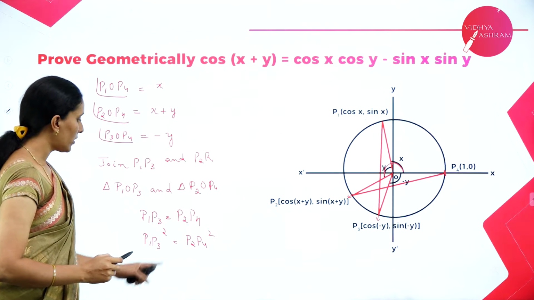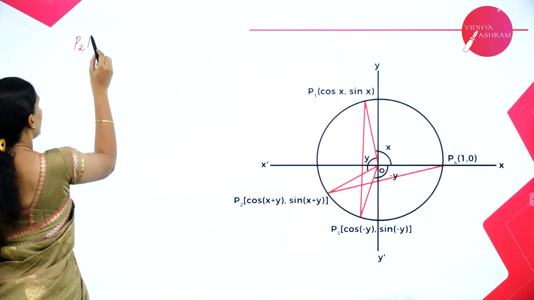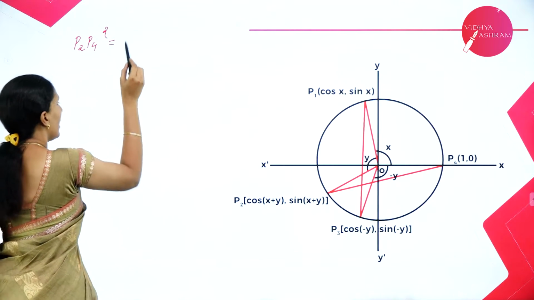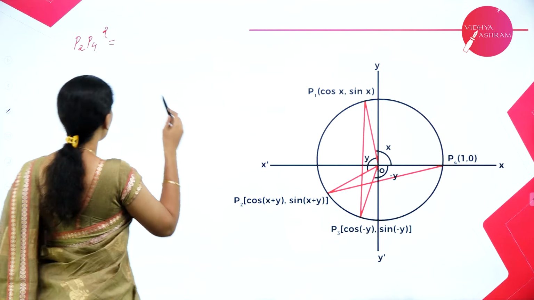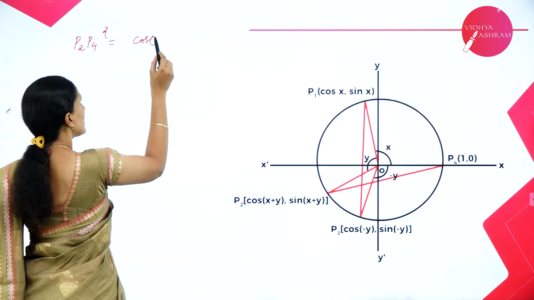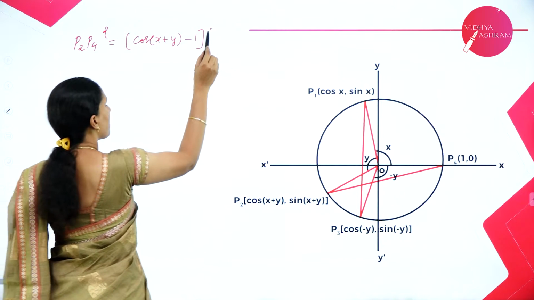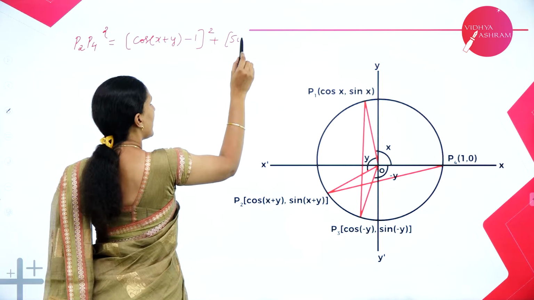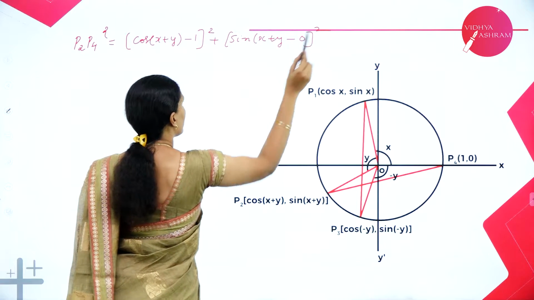Now let's see what P2P4 whole square is, again using the distance formula. So this is P2P4. I can write this as (cos(x plus y) minus 1) whole square plus (sin(x plus y) minus 0) whole square.